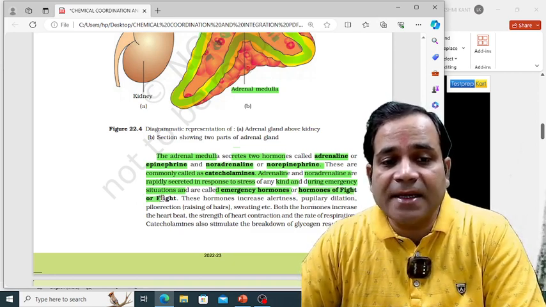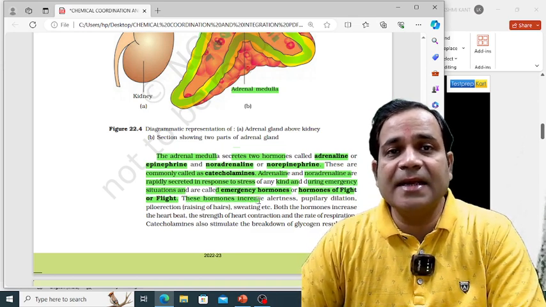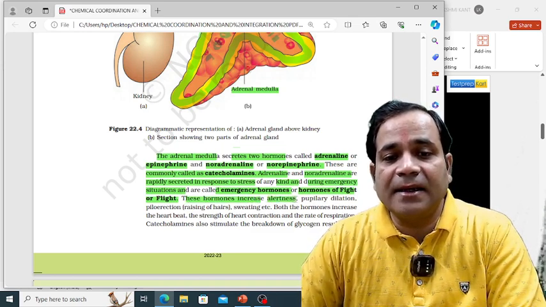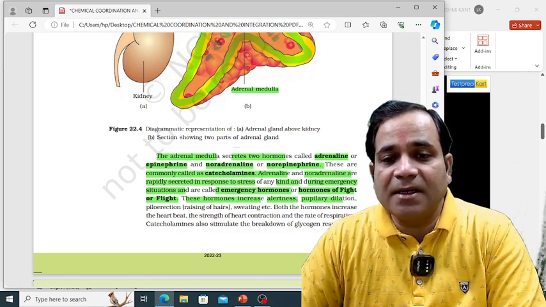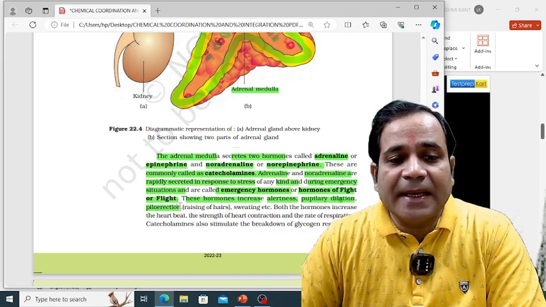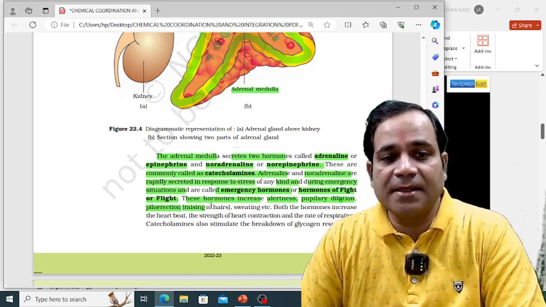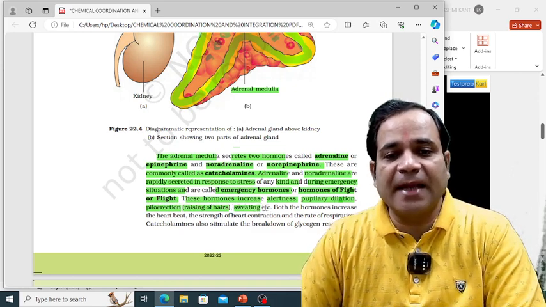Fight or flight hormone. These hormones cause pupillary dilation, piloerection, raising of hairs, that is goosebumps, sweating, etc.